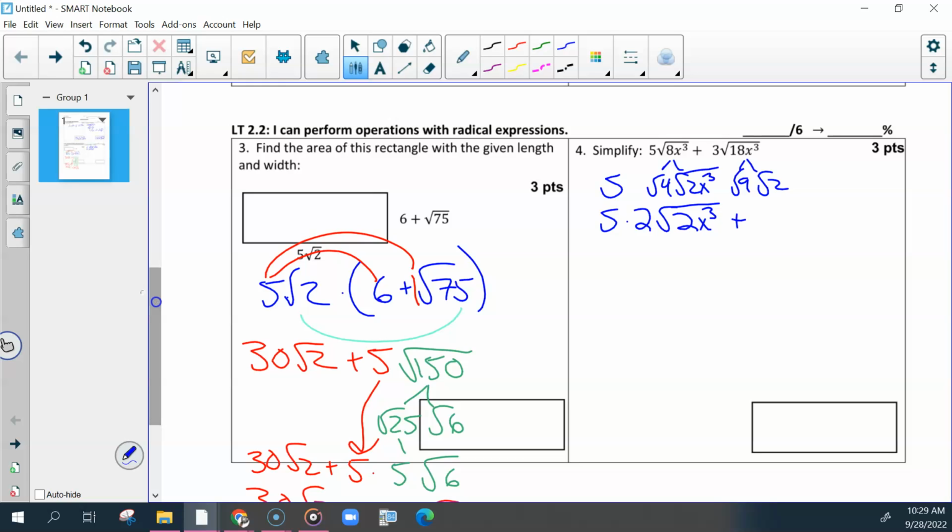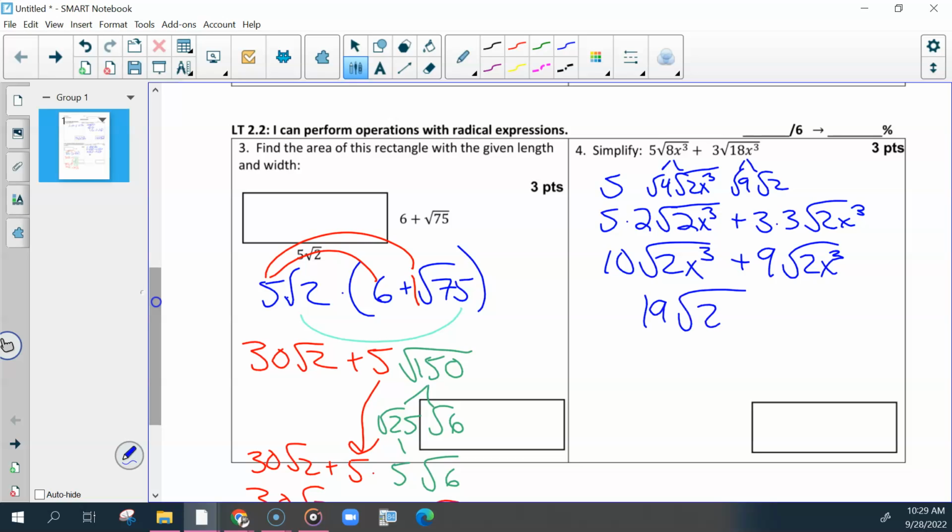So some of your answers look like this. 10 times the square root of 2x to the third and 9 times the square root of 2x to the third, which again, so far is fine, and you combine them, but this cannot be your final answer because it's not fully simplified.